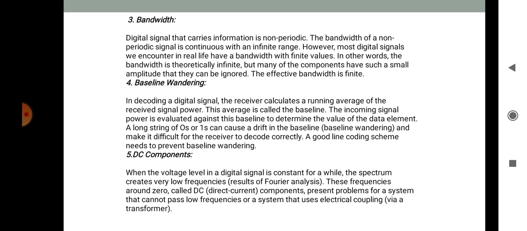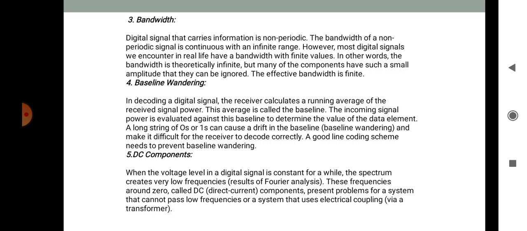The digital signal that carries information is non-periodic, and the bandwidth of a non-periodic signal is continuous with an infinite range. However, most digital signals we encounter in real life have a bandwidth with finite values. In other words, the bandwidth is theoretically infinite, but many of the components have such a small amplitude that they can be ignored, and the effective bandwidth is finite.